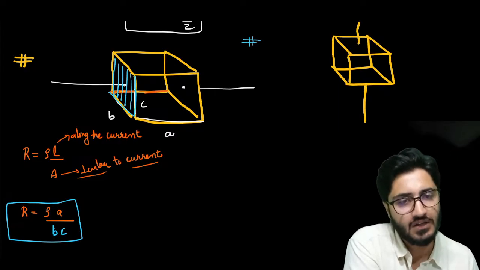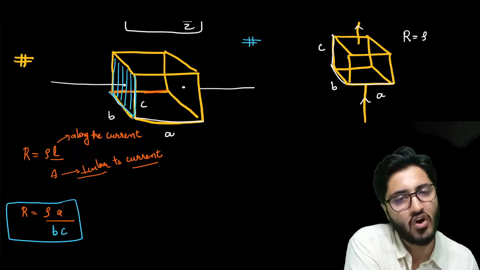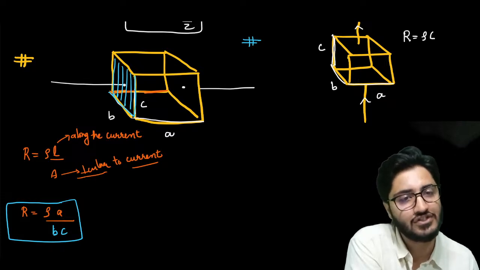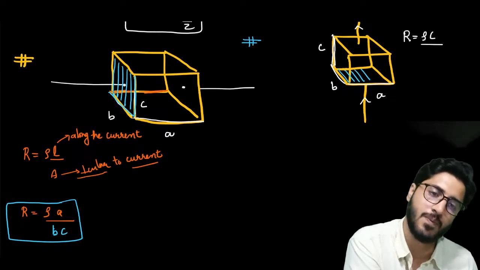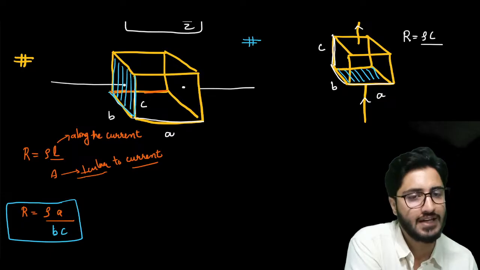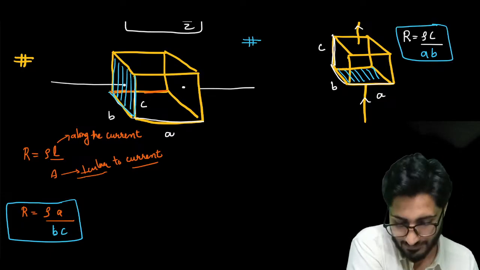This side is A, this one is B and this one is C. Current is flowing in this way. So what is resistance? Sir, it is rho length. Length is along the current, so it is C, divided by the perpendicular area, which is A into B, AB.